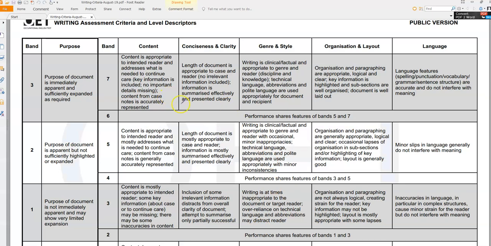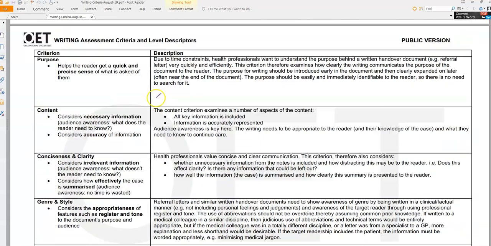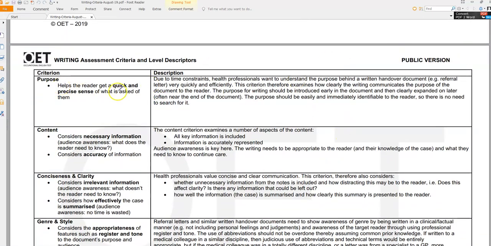Now, purpose. Okay, here we go. So, a quick, precise sense of what is asked. I want you to do X, Y, Z, right? Quickly, efficiently. So, you introduce the purpose early on and then expand on it, usually at the end before the closing, right?